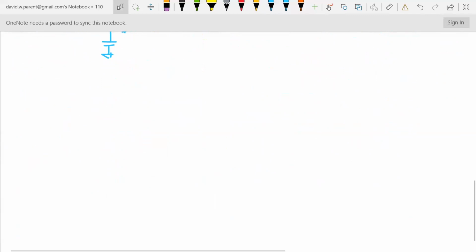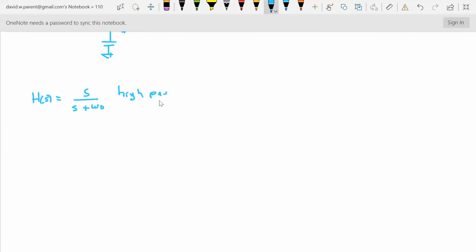Now let's do another first order circuit. Right? The high pass. And we already know that this is most likely the most efficient way to go about it.